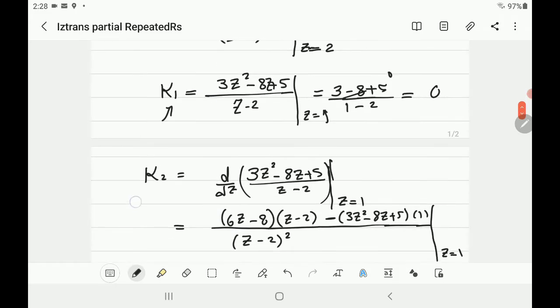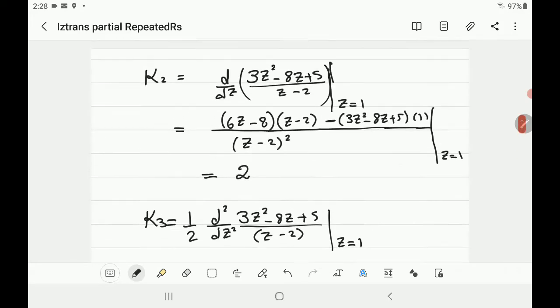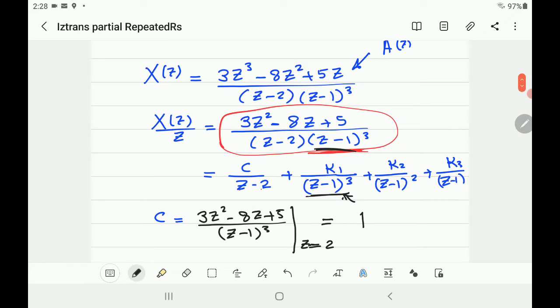So you can write it like that if you want to make it a general formula. That's why I don't want to write this formula from the beginning. I recommend doing it like a numerical example. But this is equal to x of z over z. That's the expression. But you don't have this one, so how do you get rid of it? You multiply it by z minus 1 cubed.